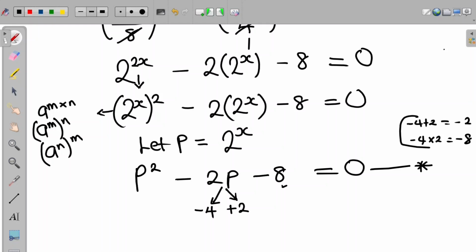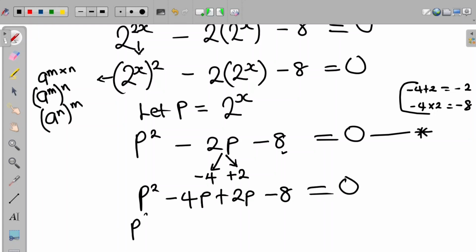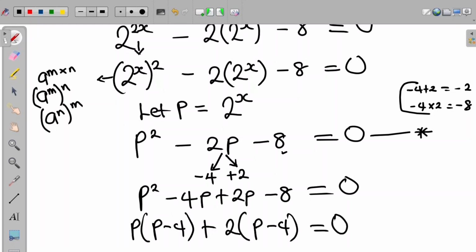So therefore, this becomes p squared minus 4p plus 2p minus 8 is equal to 0. So we have p, open the bracket, p minus 4, plus 2, open the bracket, p minus 4, is equal to 0.